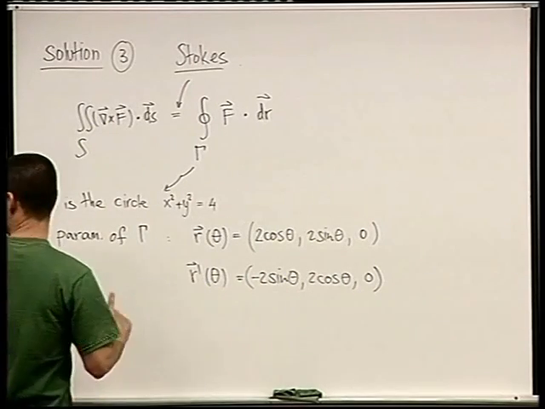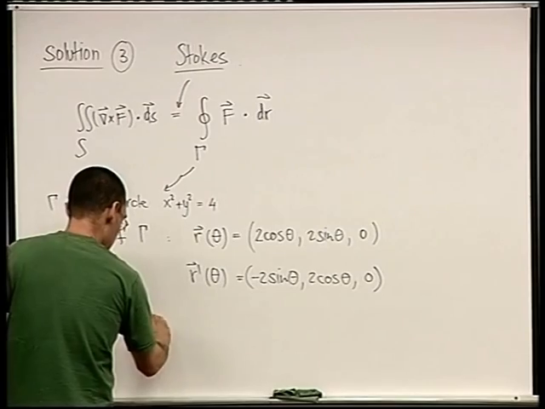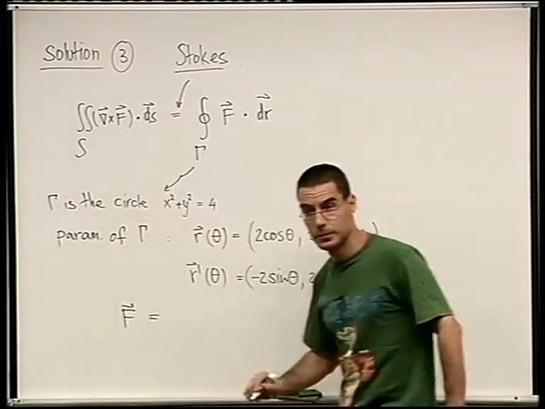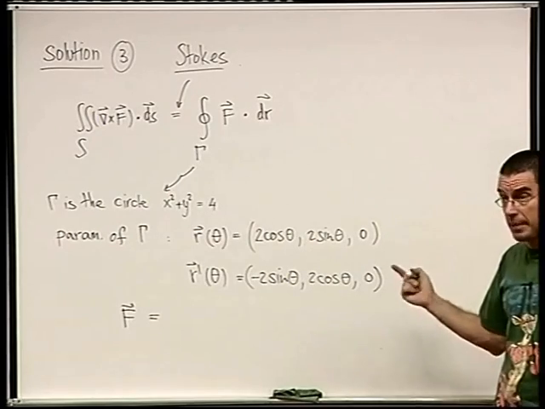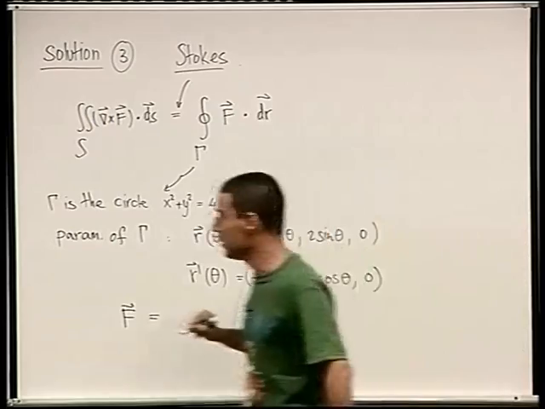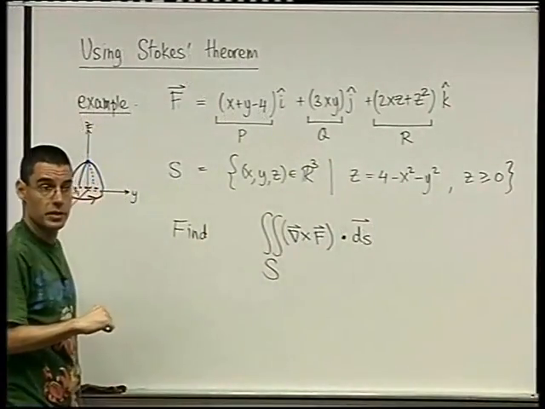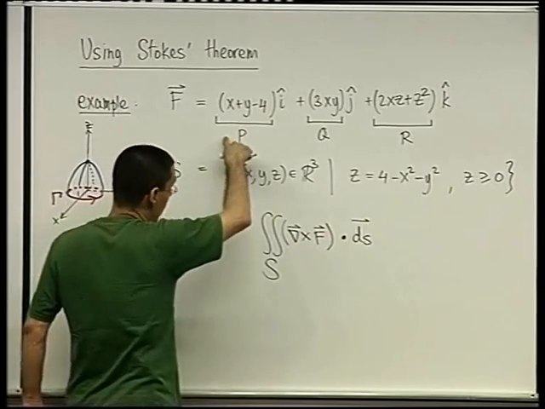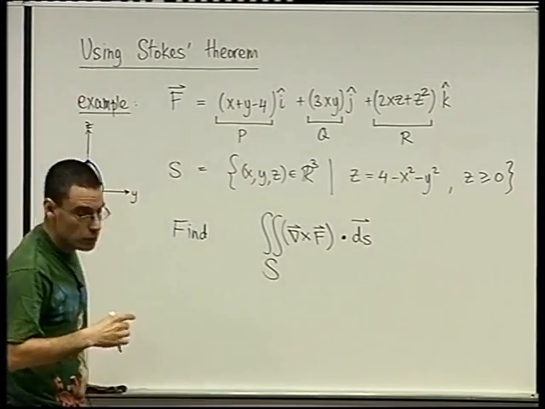What is F? We need the original F evaluated on gamma, right? That's what we're going to need for that line integral. F evaluated on gamma, not the curl of F, F itself. So let's recall what F was. Here's F, the original F in this example, and we need to find it on gamma. Everywhere I see an x, I need to plug in 2 cosine theta.